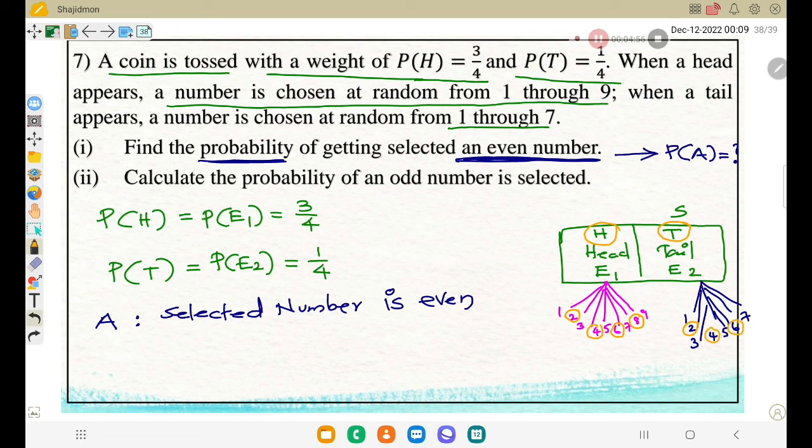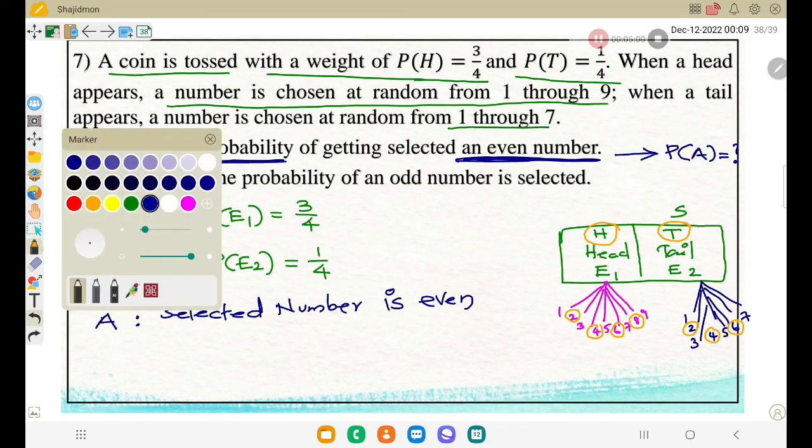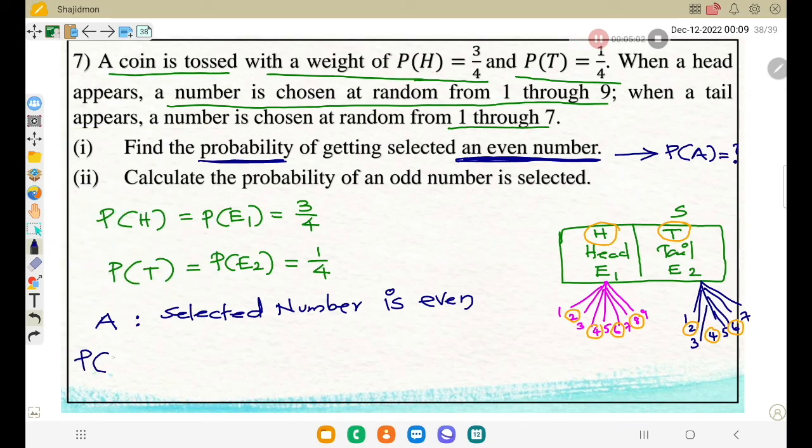So we need to write the rule first. Probability of A equals the total probability. This is a question related to total probability, not Bayes theorem. P of A equal to, how are we writing? First partition, probability of E1 or probability of H, multiplied by probability of A given H, correct?